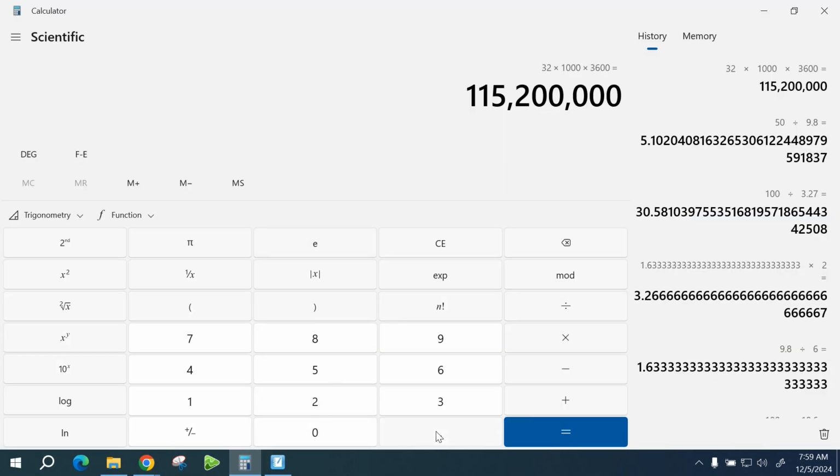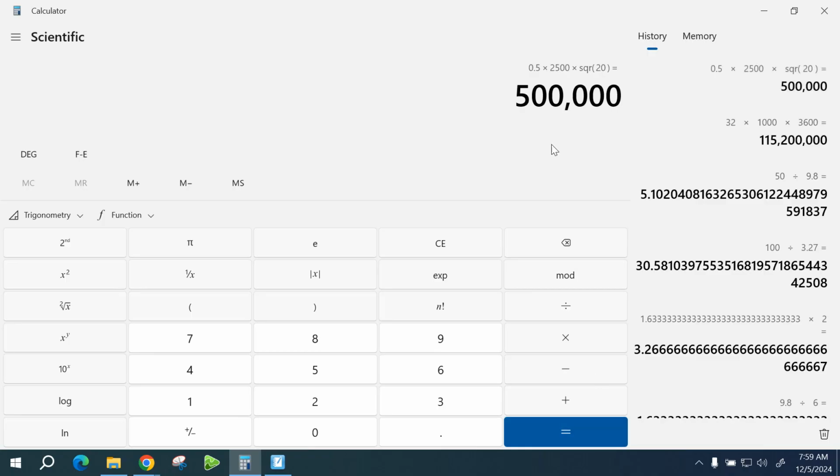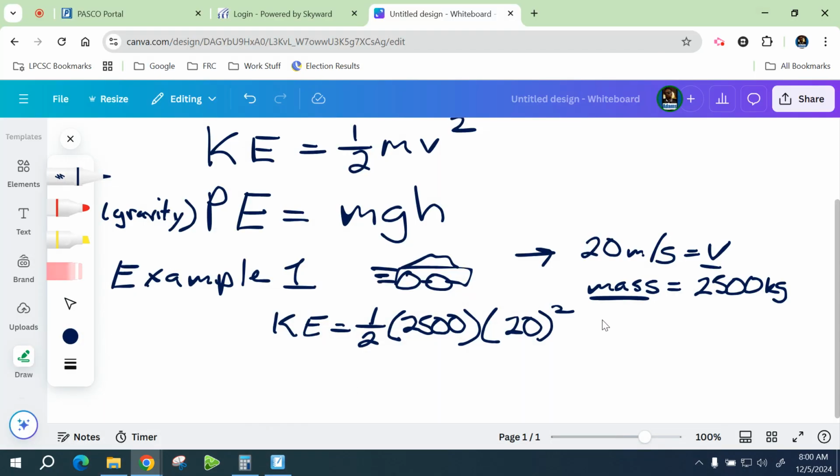I'm going to say 0.5 times 2,500 times 20 squared. When I hit enter, it's 500,000. So that whole thing, that car traveling at that speed with that mass, has the kinetic energy of 500,000 joules. Okay?